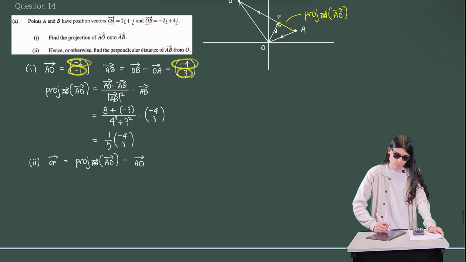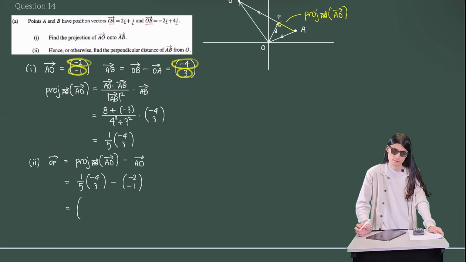In the component form, that is the projection you found in part I minus the vector AO, which was -2, -1. Now subtract, collect the I components and the J components, and what you end up with is 6/5.